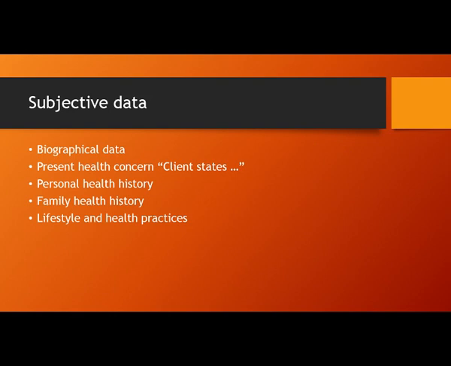Subjective data, usually the biographical data, will be mostly obtained by the clerk before you see the patient. You want to put in their health concern, usually in terms of client states such and such, their personal health history, family health history, lifestyle and health practices, and all that.